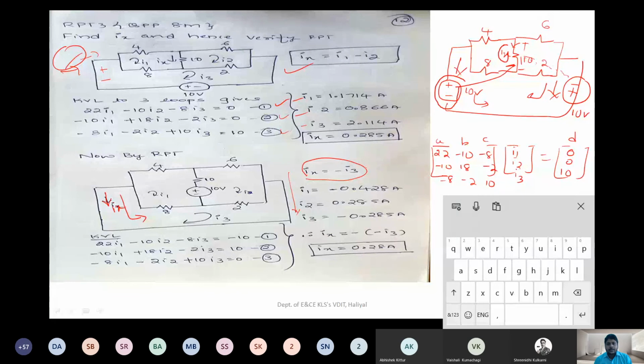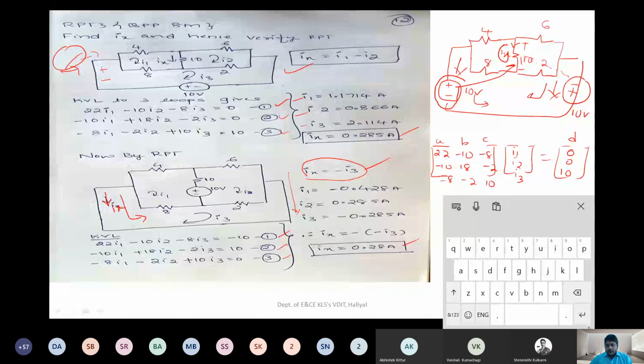Hence, I can define Ix equal to minus I3. This is very important here. If you make out this, then it will be fine. So you will get 3 KVL equations as usual. Then calculate I1, I2, I3. But what is Ix? It is minus of I3. If you use that, you will get this.